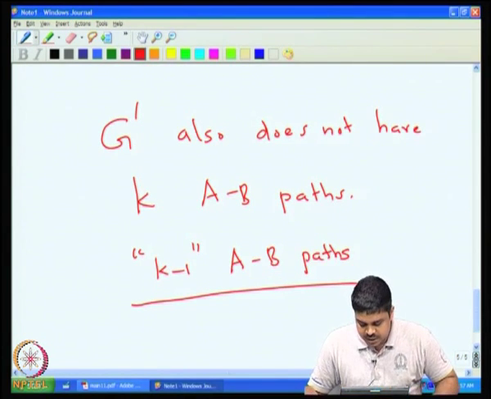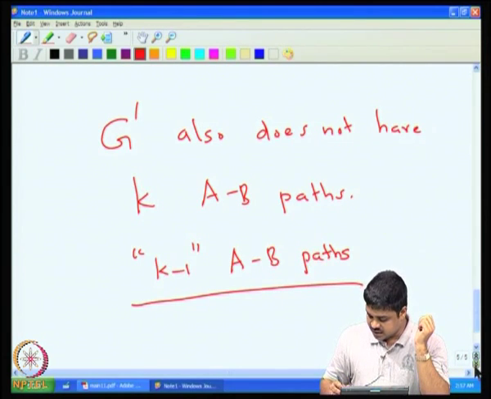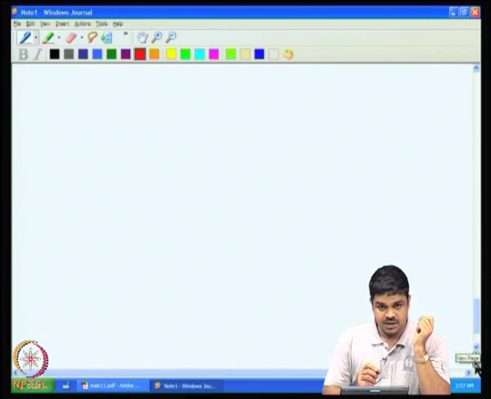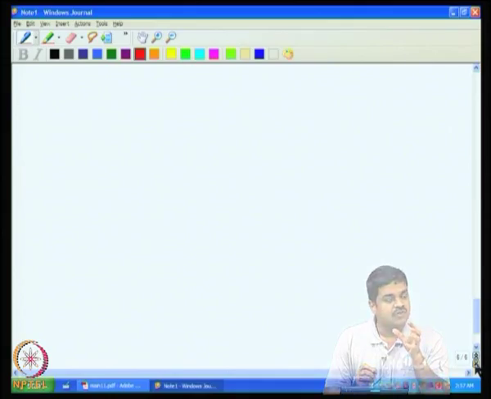So, this k minus 1 AB paths means that, by induction hypothesis, because we know that for all smaller graphs the statement was true, the number of vertices to separate A from B has to be k minus 1, right.